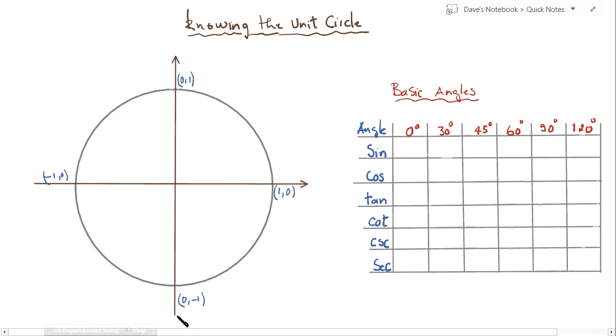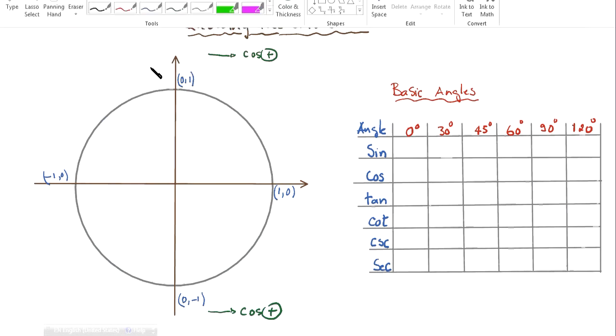All the values situated here on the right side are the cosine positive. And all the values going this way from this y line are the cosine positive, and the cosine negative are the opposite values.